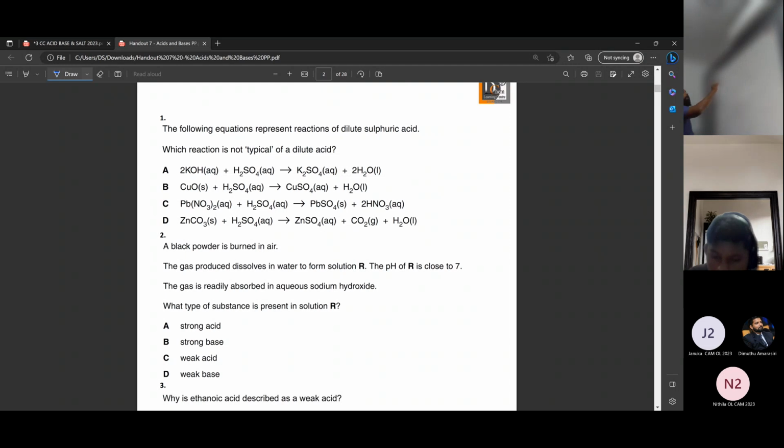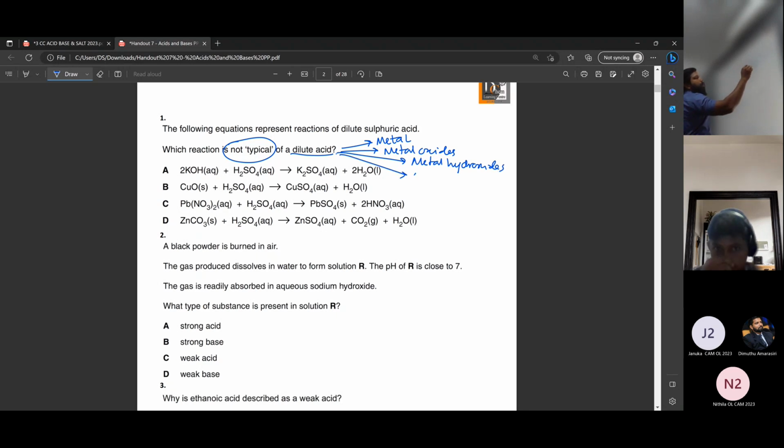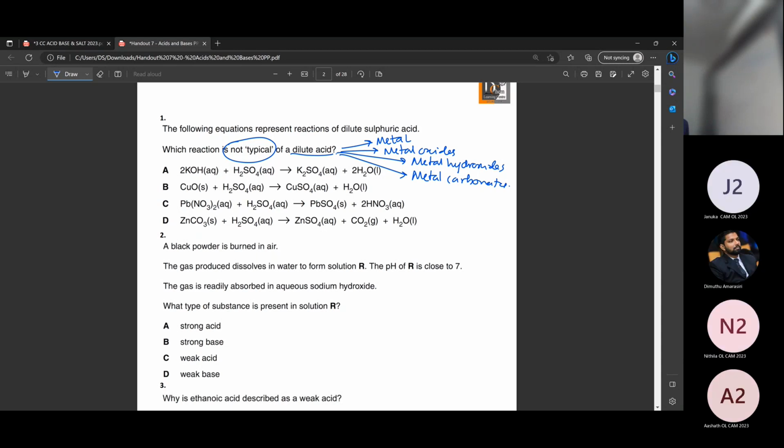Which reaction is not typical for a dilute acid? The typical reactions of dilute acids include reactions with metal oxides, metal hydroxides, which are bases, and basic compounds such as metal carbonates, even metal sulfides, right? These are the typical reactions of acids.